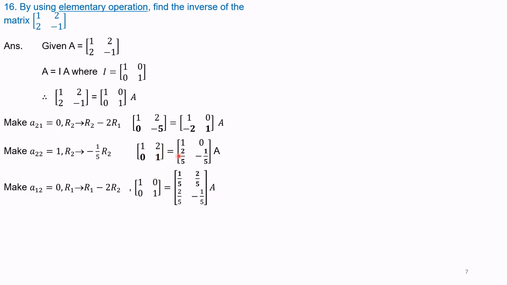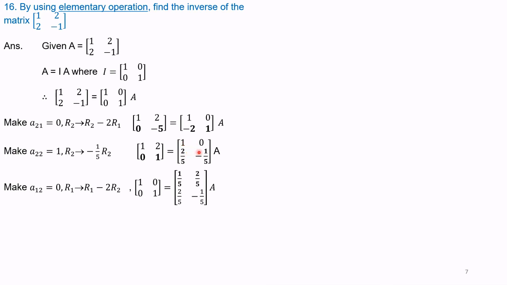Therefore, this is 1 minus 2 of 2 by 5, 1 minus 4 by 5. Therefore, that becomes 1 by 5.